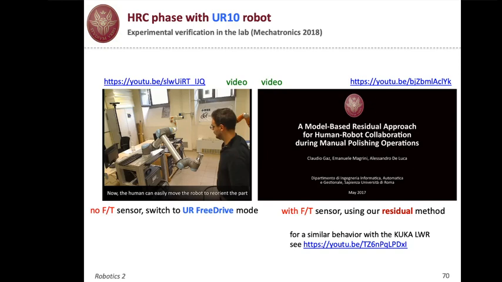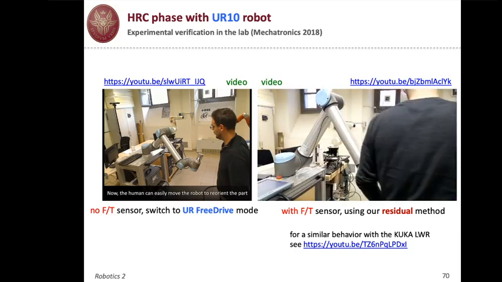And in fact, in the second video, which accompanies a paper that we published in Mechatronics in 2018, we will use the force torque sensor and we will use the residual in order to have an estimate of the joint torque resulting from an intentional contact of the operator on the structure of the robot, and accordingly we will reconfigure by keeping position constant.